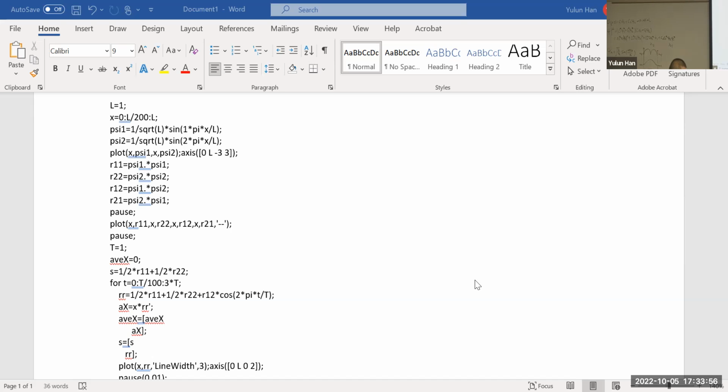Everything in this figure is probability density, because now it is squared. Yes.